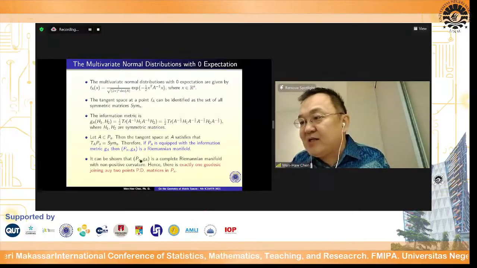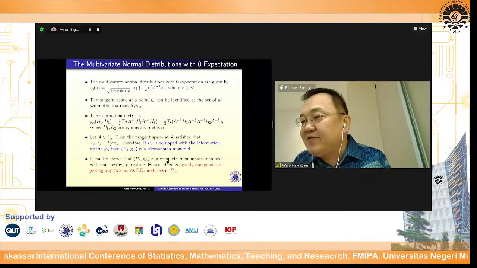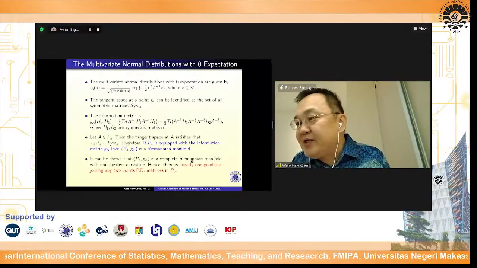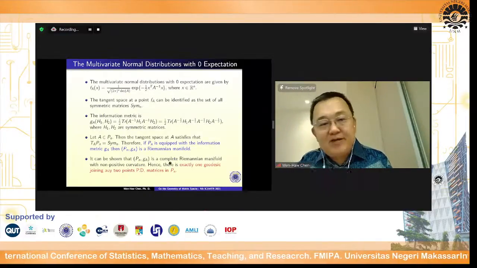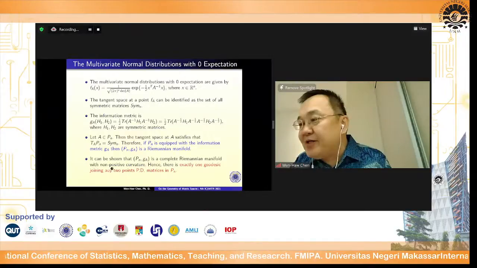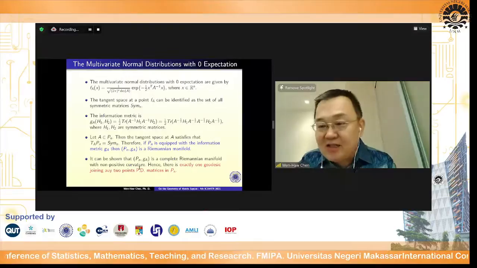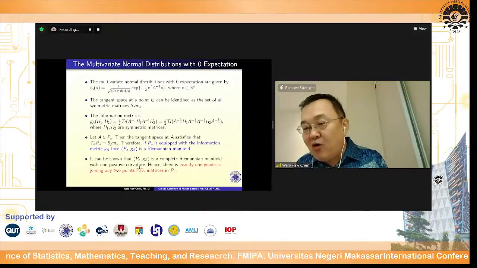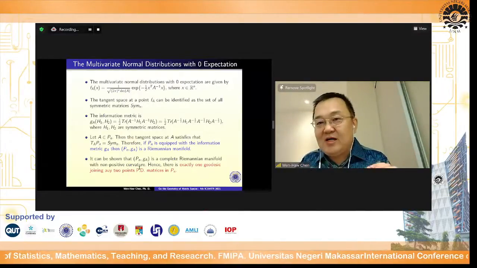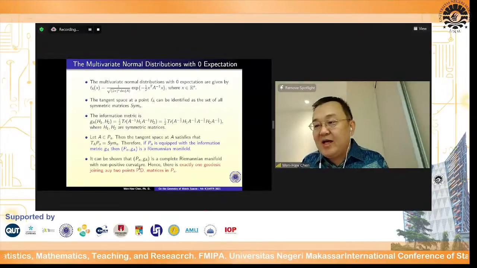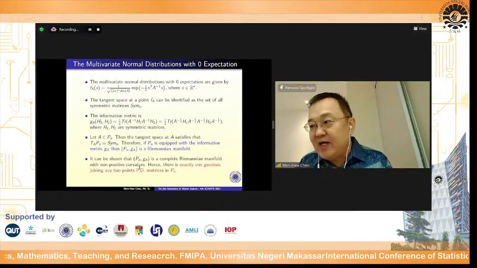It can be shown that this Riemannian manifold is a so-called complete Riemannian manifold with non-positive curvature. Non-positive curvature means that every two points in the space have one and only one geodesic connecting them.